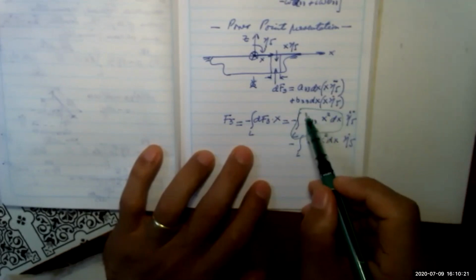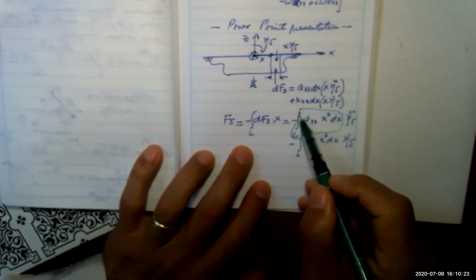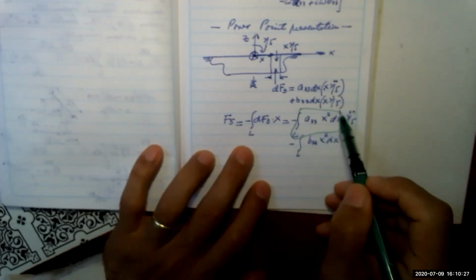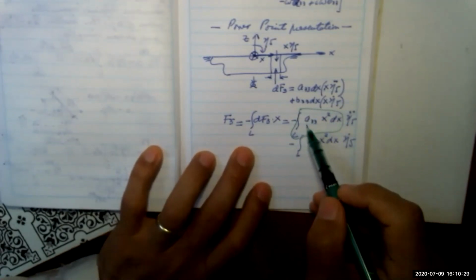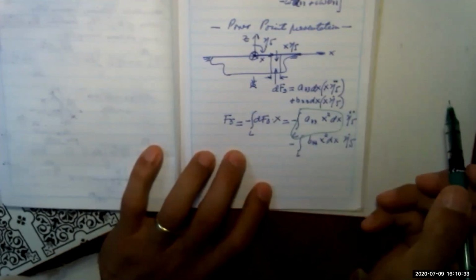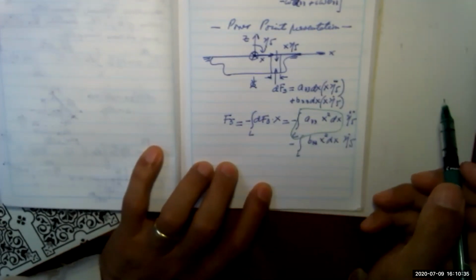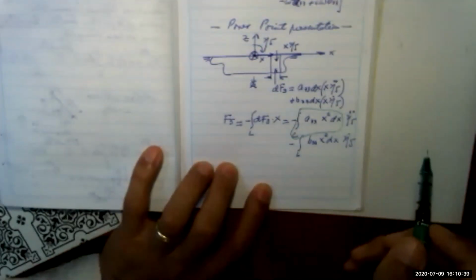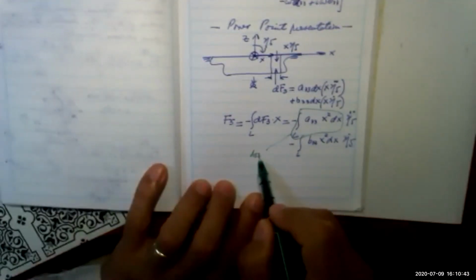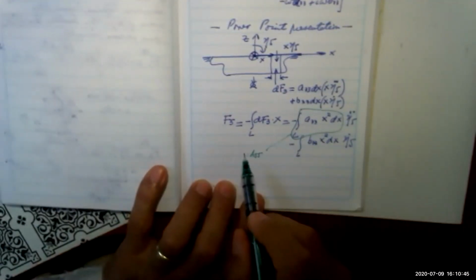So how would you call this? All of this, how would you call this? Somebody? It's A55. Yes, but what's its name? Moment.